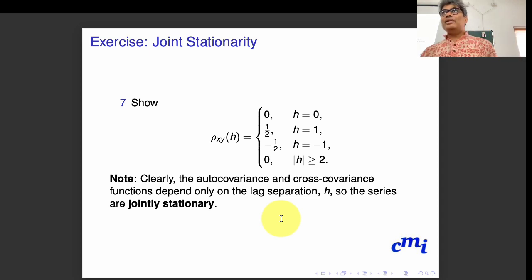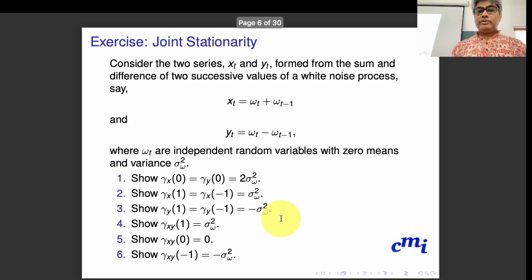So why is this learning important? Because going forward we will do lots of operations. This is a simple linear transformation. If you do a linear transformation on your time series data, it may change the correlation structure of your time series data.